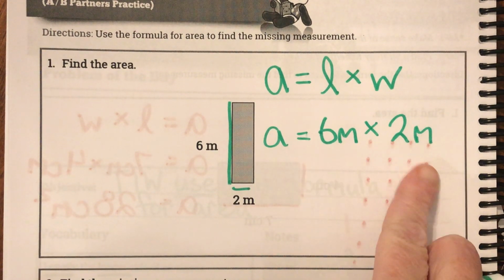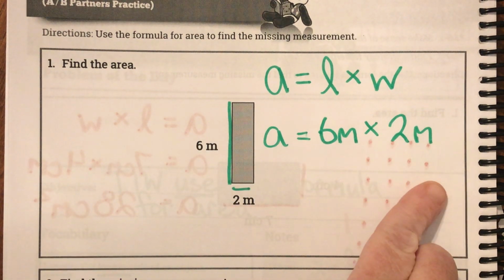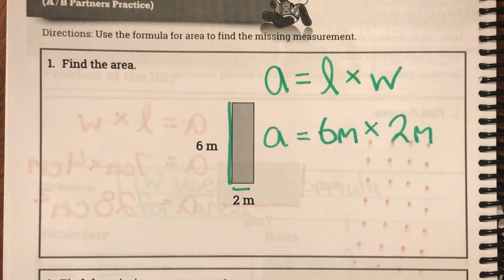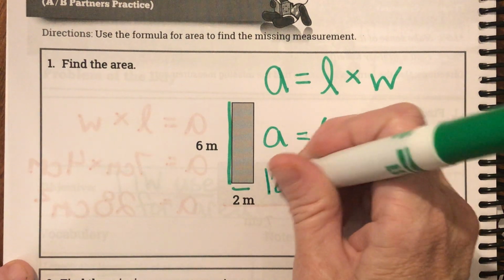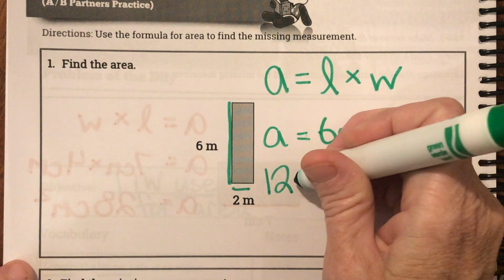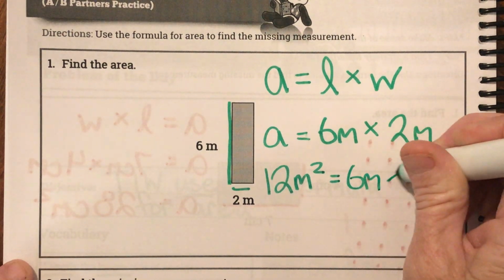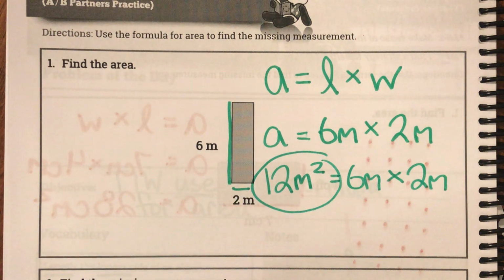So I either know it or I draw an array. So 6 groups of 2, which is the same as 2 groups of 6, because that's the commutative property, is 12. Now remember, area is going to be meters squared. So our answer is 12 meters squared.